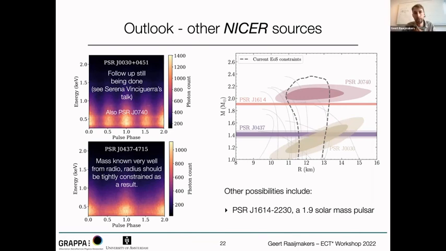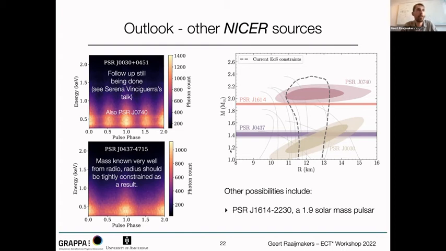So briefly, an outlook on what more we can expect from NICER. So interestingly, there's still going to be more follow-up on J0030 and J0740. So this is definitely not sort of the end of this story. They might still give some very interesting results. Very exciting also is this other pulsar J0437, which has an independently measured mass of 1.4 something, but it's very tightly constrained and it's a very bright source.